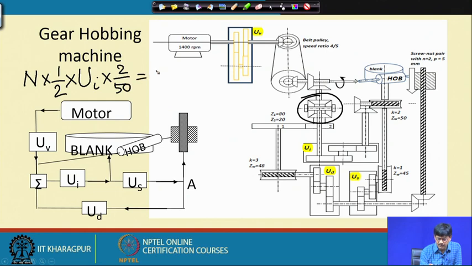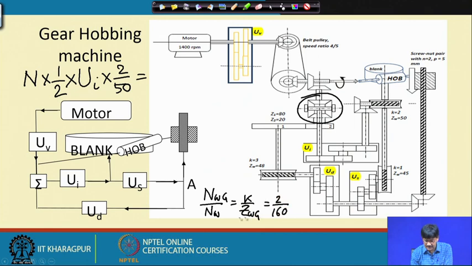This must be equal to how much? If the hob rotates n times, how much should the job rotate? We know that N worm gear is related to the worm this way, with Z worm gear, so this is 2 by 160. So, we can remove N worm and keep it here.